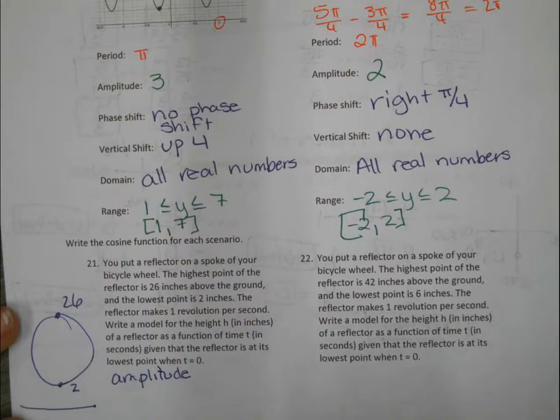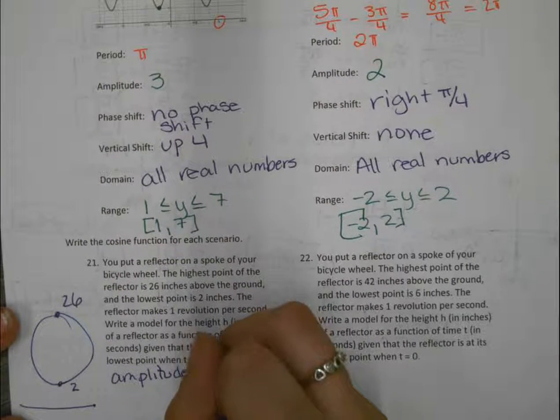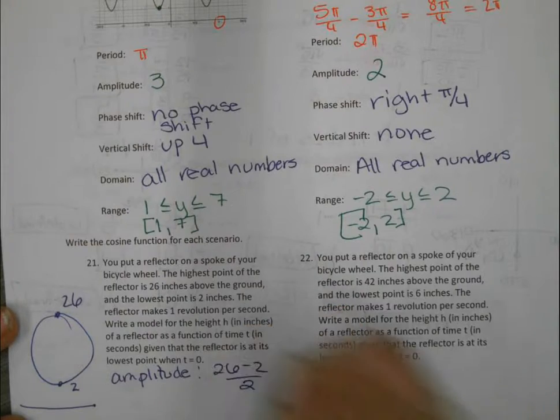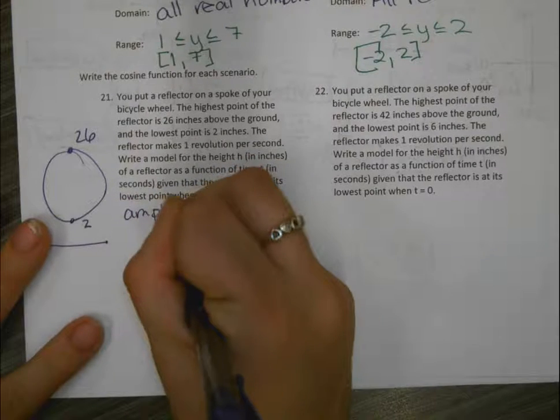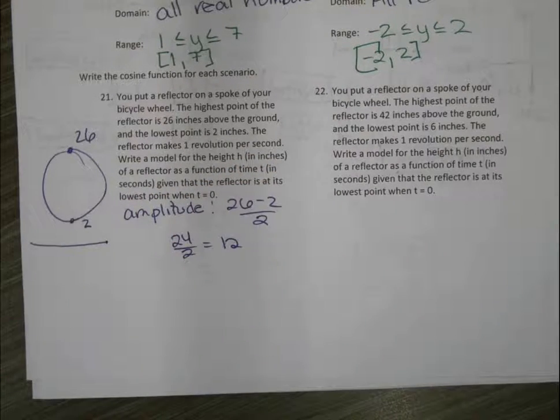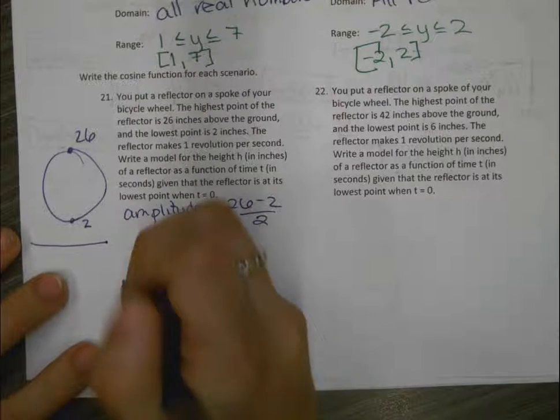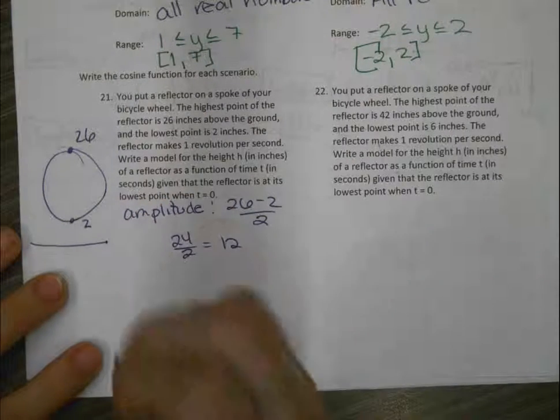To figure out my amplitude, I add the two numbers together. No. Sorry. I'm confusing this one. Amplitude, I subtract the two numbers. So I have 26 minus 2 over 2. 26 minus 2 is 24. Over 2 gives me 12. So that's the number that's going to go up front. It tells me my reflector makes 1 revolution per second.